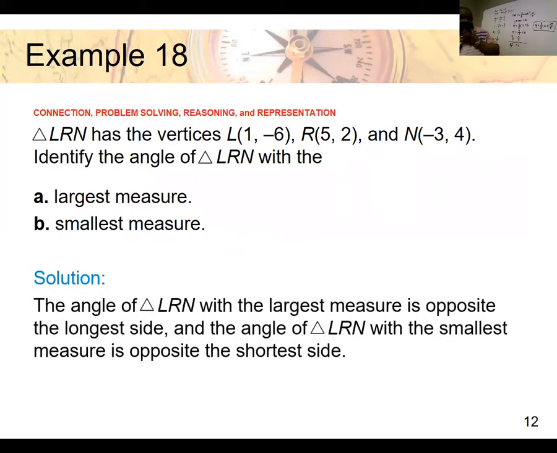Now, the angle of triangle LRN with the largest measure is going to be opposite the longest side. And the angle of LRN with the smallest measure will be opposite the shortest side.